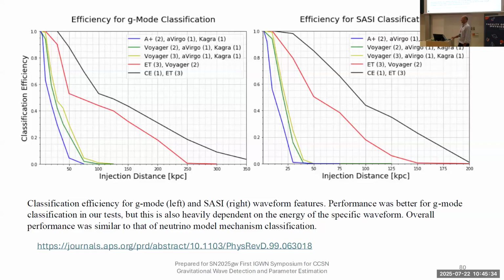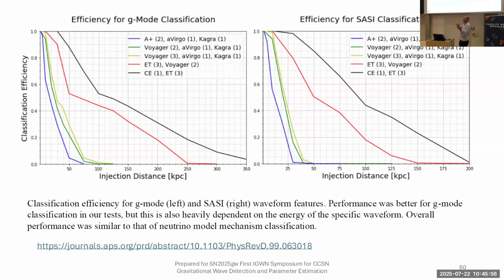Currently, we have this problem with the blip glitches, which have a shape that looks a little bit similar to the core bounce component of rapidly rotating supernovae. Fortunately, in that case, the time scale is different because the blip glitches are longer than that.